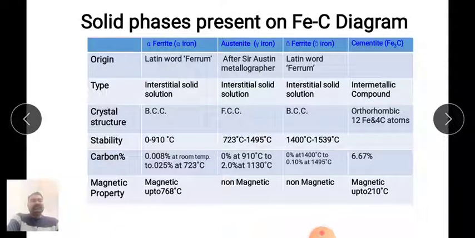By using this table you can answer the question: define alpha ferrite, austenite, cementite and delta ferrite. In this table the complete information about all the phases is given, and just by using different sentences you can explain the various phases.